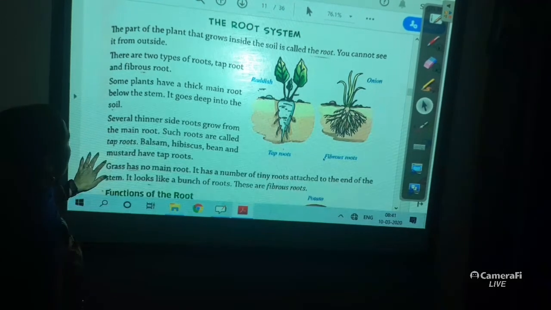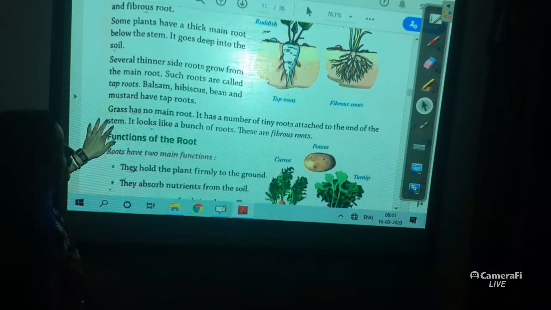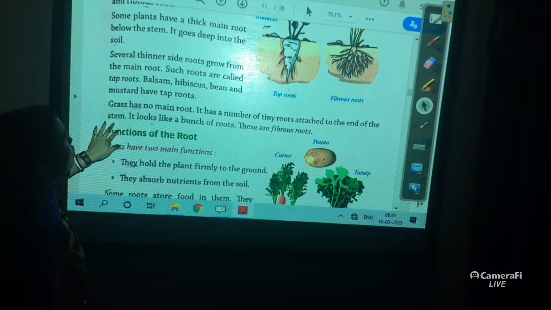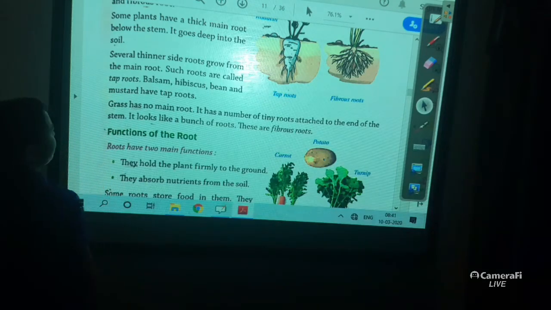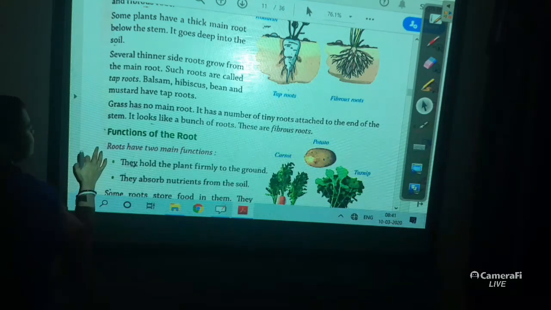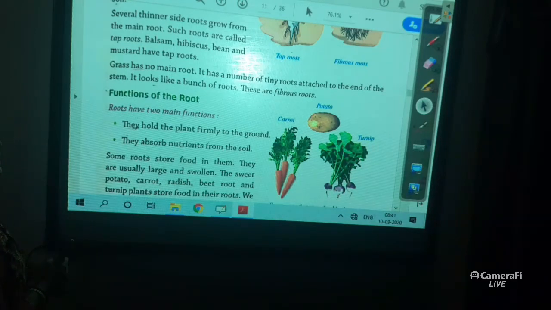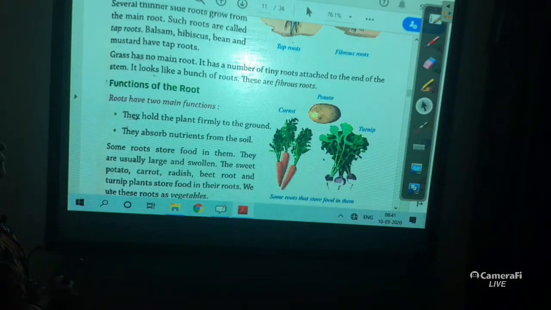Some plants have a thick main root which goes deep into the soil, and several thinner side roots grow from this main root. This is a taproot, and fibrous root has no main root. Here only many tiny roots appear, and it looks like a bunch of roots. These are the fibrous roots.